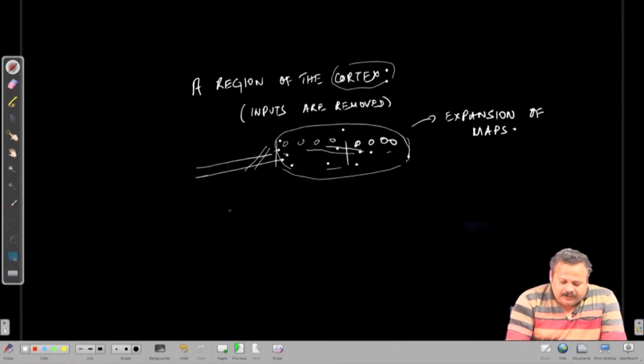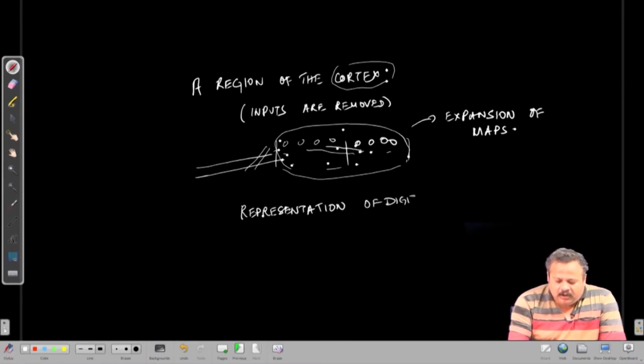There are multiple examples of these that have been studied, and the primary example that we can give is that of the representation of the digits in the somatosensory system.